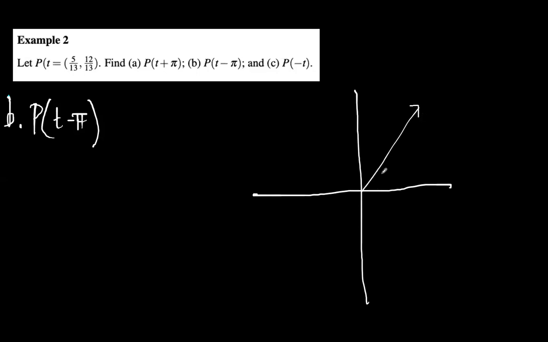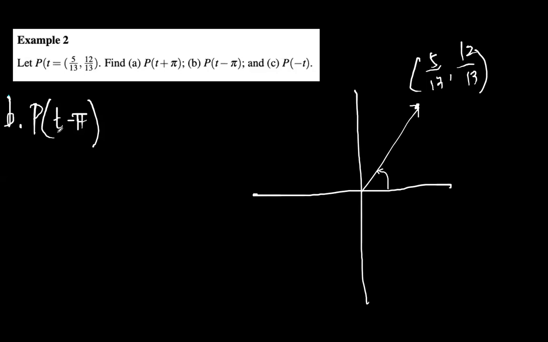Paano natin, sir, gagawin yan? Mina-minus na. So, anong gagawin natin? Ang gagawin natin, class, syempre, i-drawing natin si T. The angle T, positive. And the point here is 5/13 and 12/13 as usual.